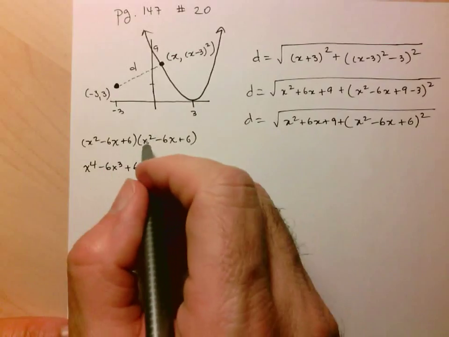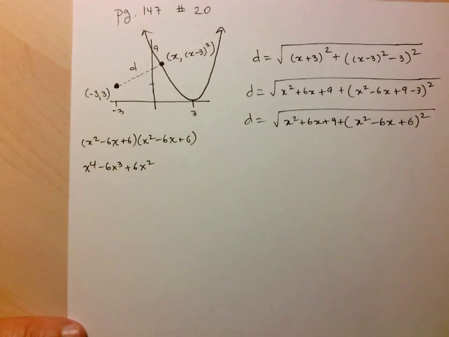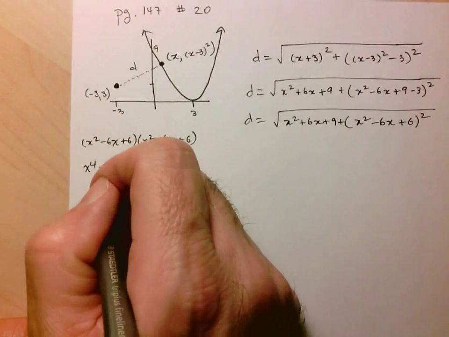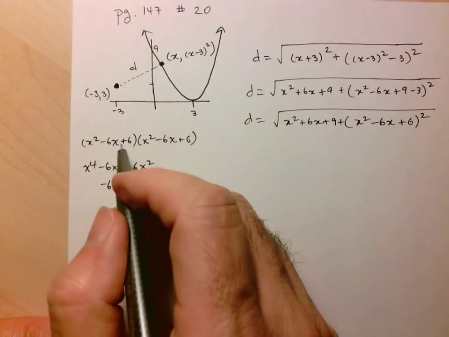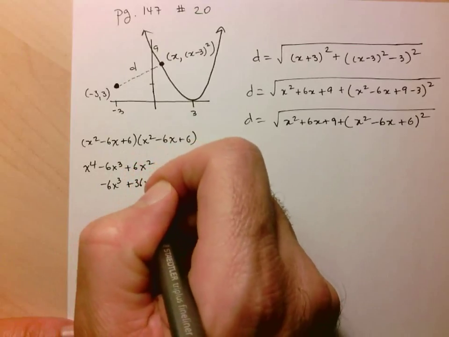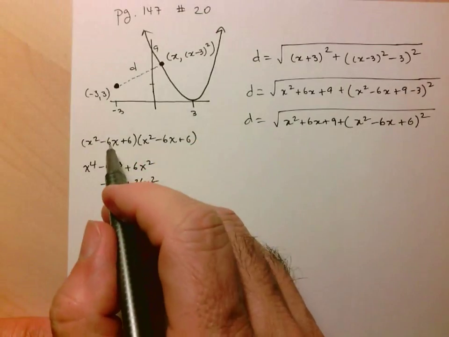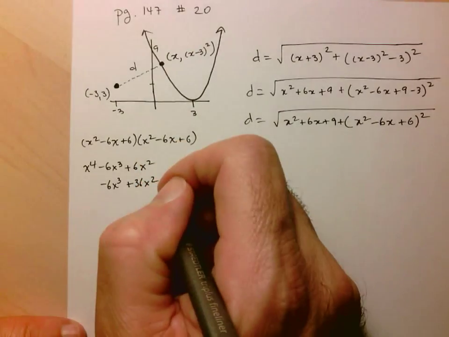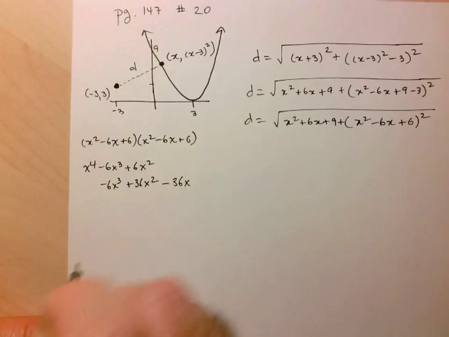Now let's do this one: negative 6x times x squared, so minus 6x cubed, plus 36x squared, and then negative 6x times 6 is minus 36x.